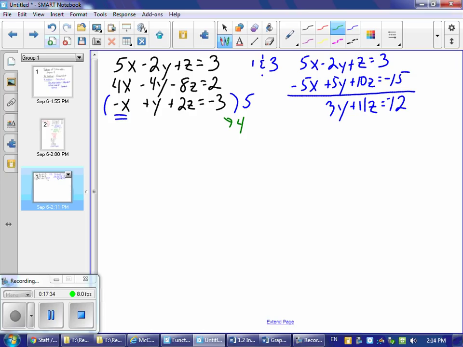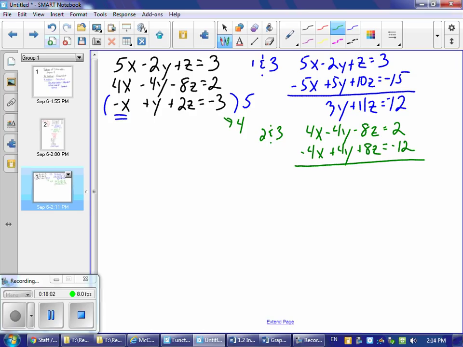So the second equation is not changing, so we'll rewrite it. The third equation multiplied by 4 is -4x plus 4y plus 8z equals -12.